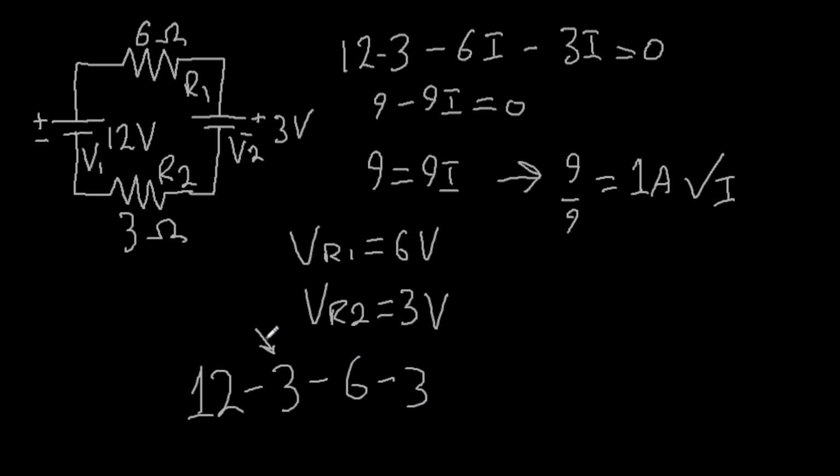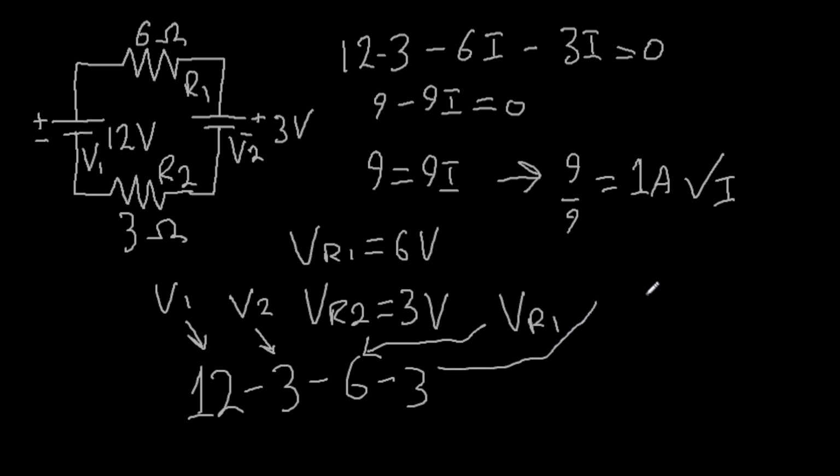That is V2, V1. That is VR1. And that is VR2. Sorry, this is a bit untidy, but this is the solution. That verifies KVL for this circuit.